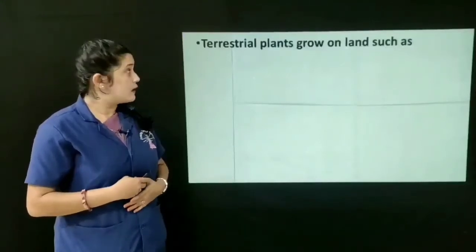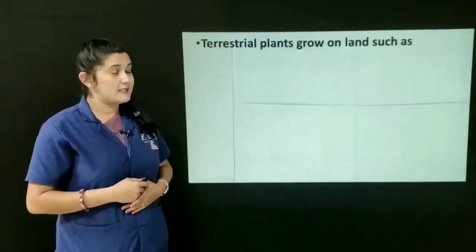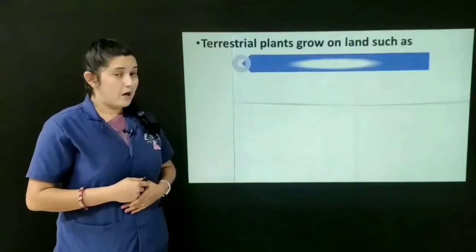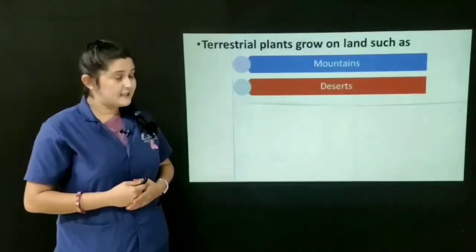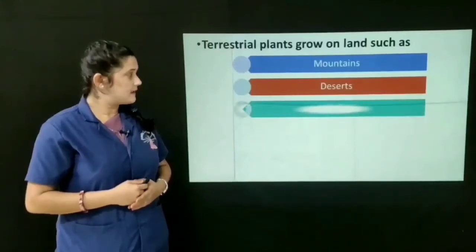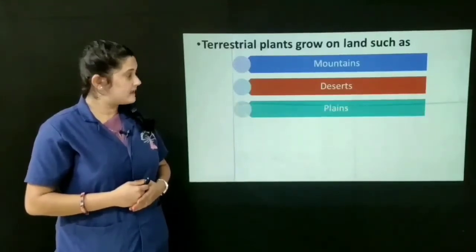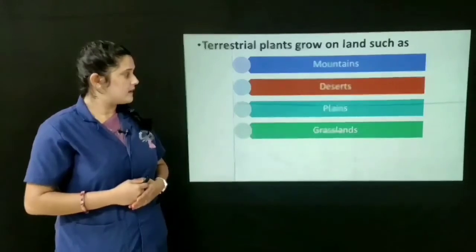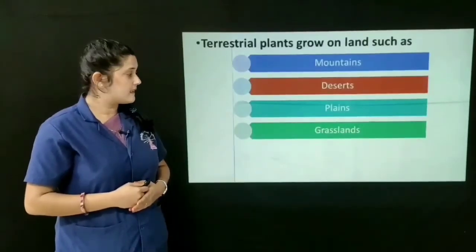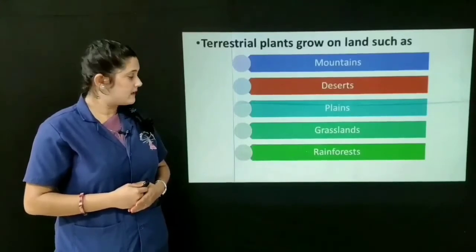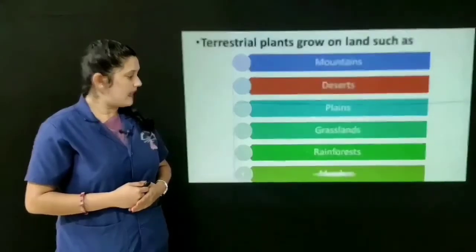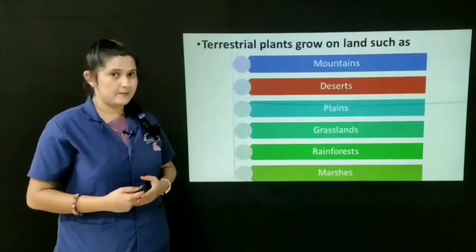Terrestrial plants grow on land such as mountains, deserts, plains, grasslands, rainforests and marshes.